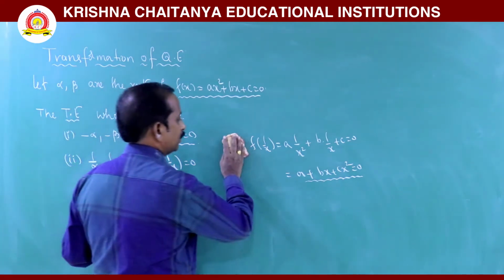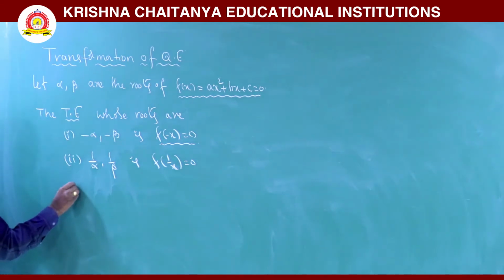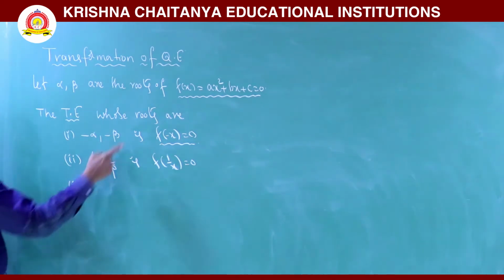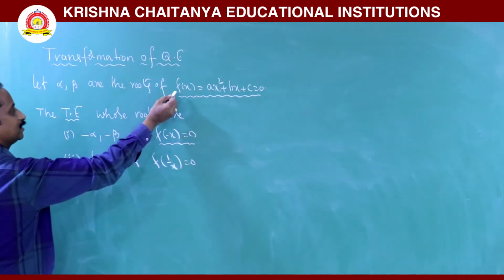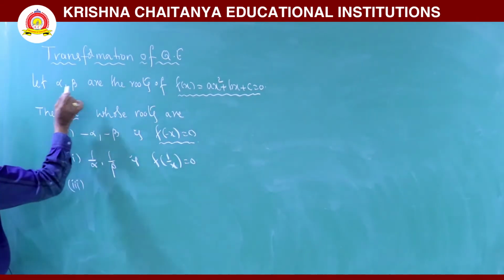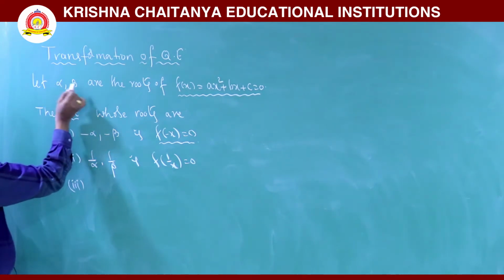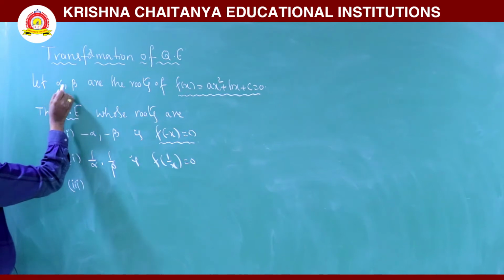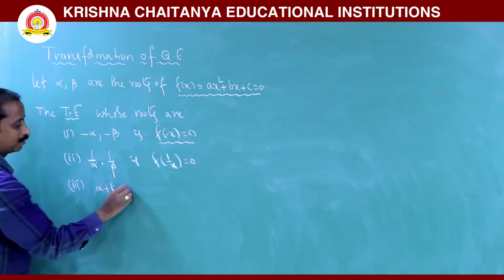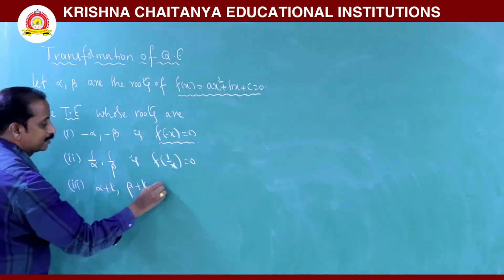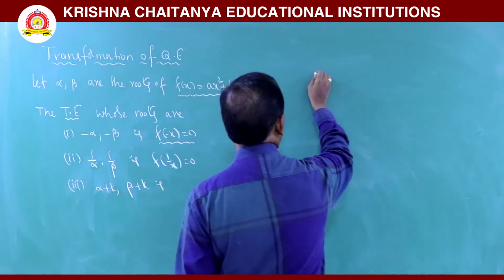Now come to another one. The transformed equation whose roots are increased by k of f of x is equal to 0. For polynomial f of x, the roots are alpha, beta. Increased by k means the required roots are alpha plus k, beta plus k. For example, alpha and beta are two different roots.